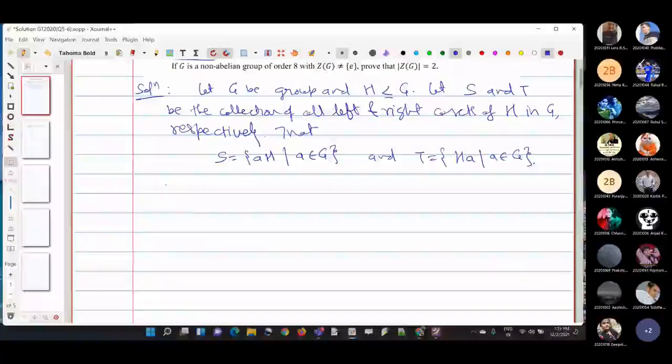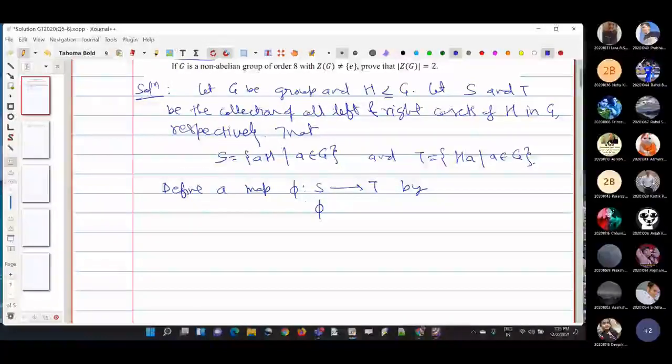So let us define a map phi from S to T. How is it defined? Because S is the collection of all left cosets, phi takes a left coset onto a right coset, and the right coset is given by a inverse.